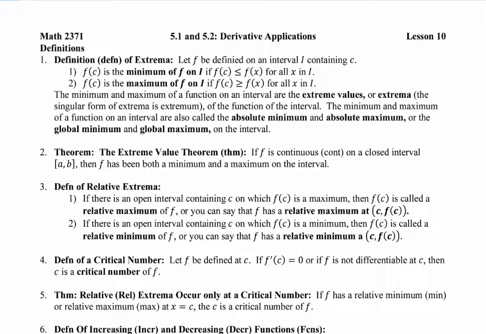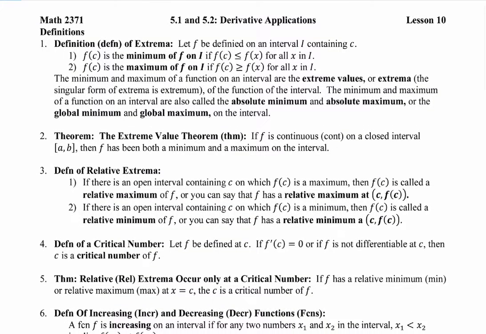So the definition of extremum: if you have a function that goes up and down, this value right here is a max, and this value right here is a min.